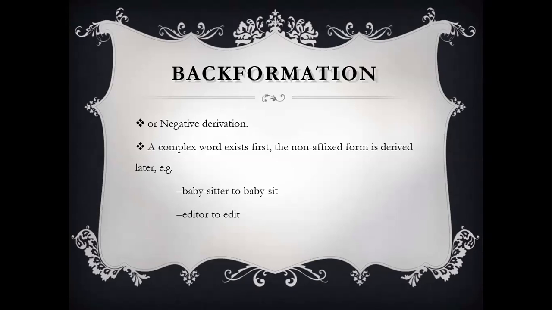It becomes a non-affixed word. So this is called back formation. There was a word babysitter, and they cut down the affix er and it became babysit. Or there was a word editor, it became edit. The suffix or is cut here.